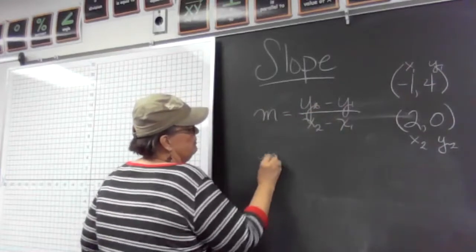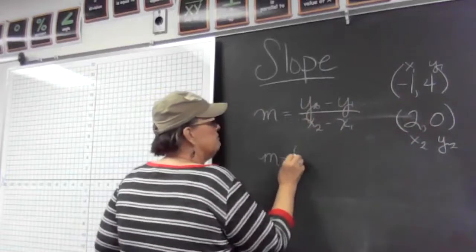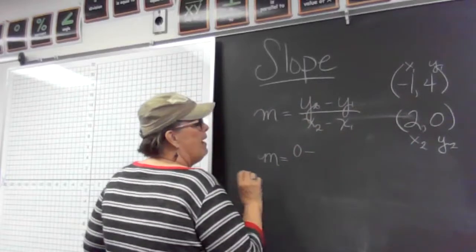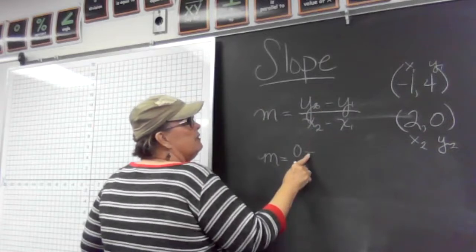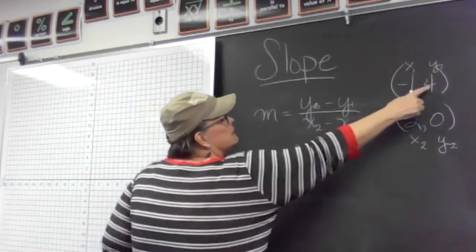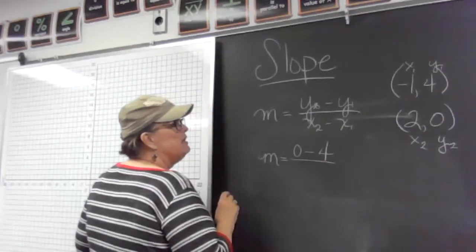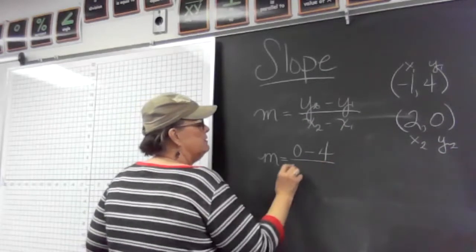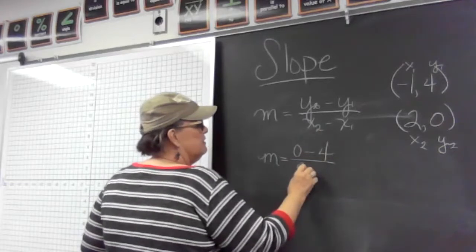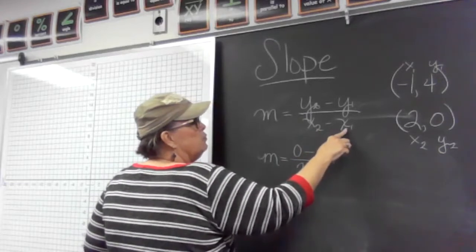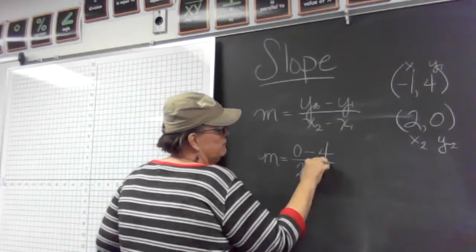So I have slope equals, I go find the y2, which is 0, minus, because of this minus right here. When I go to y1, it's 4. And then x2 is 2. The minus is this minus that I'm writing down. So when I go to x1, it has a negative, so this is going to be a double negative.